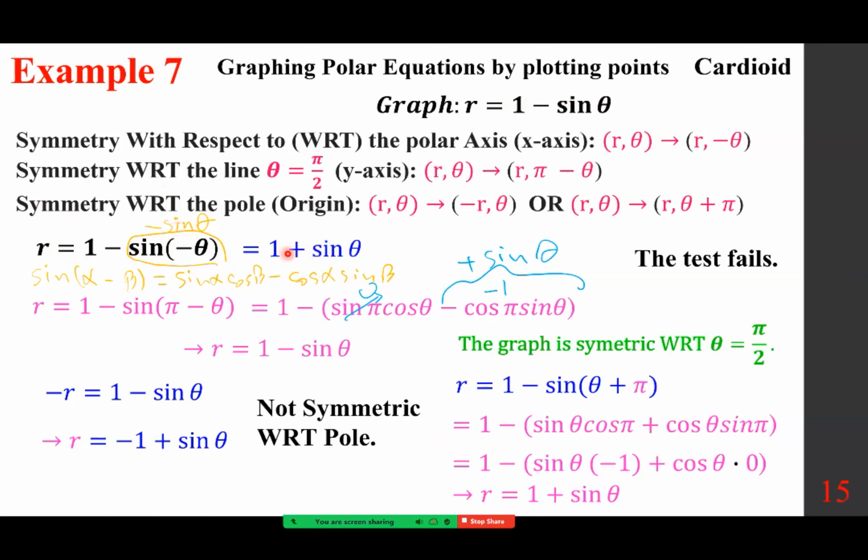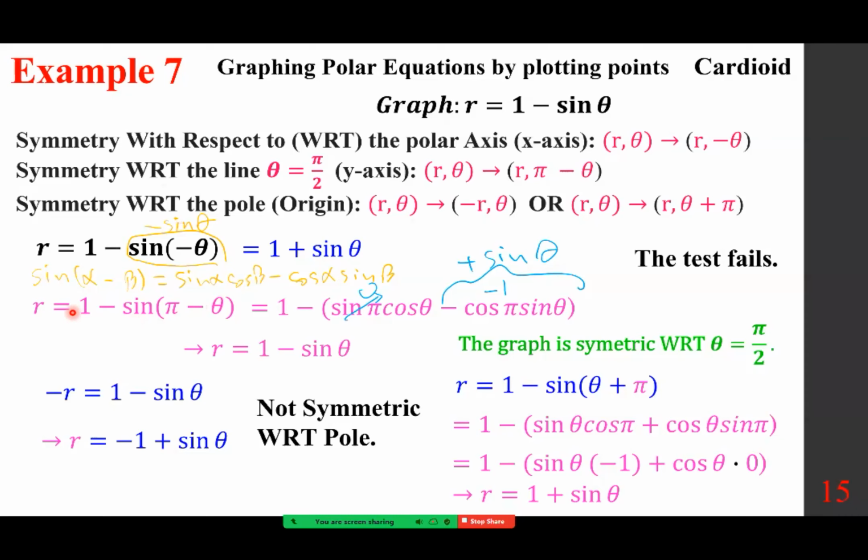We plug in negative theta. If we get the same equation, they are symmetric. In this case, we got 1 plus sine theta. In this case, we got -1 plus sine theta. In this case, we got 1 plus sine theta. None of them is the same as the original one.